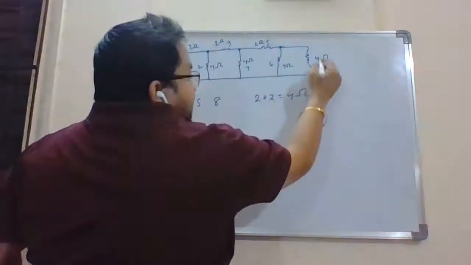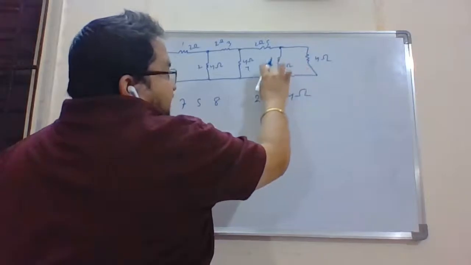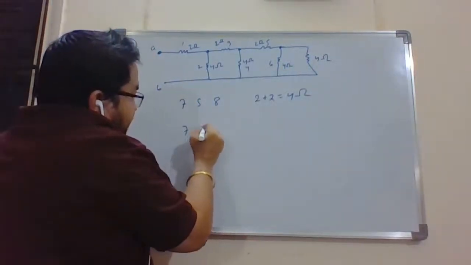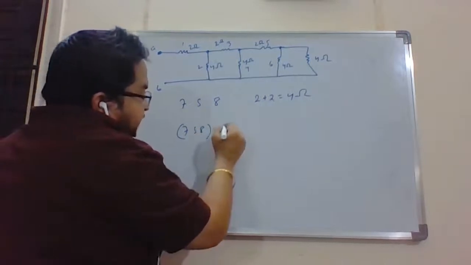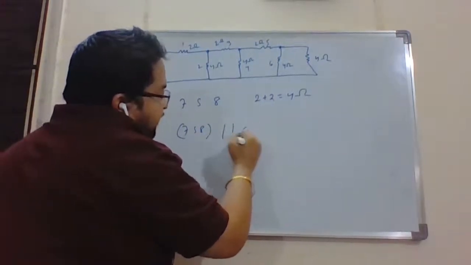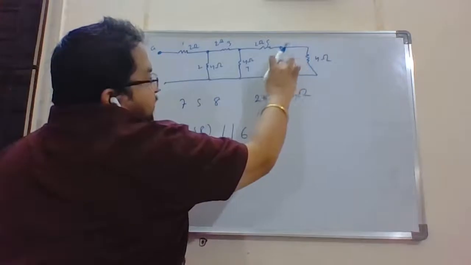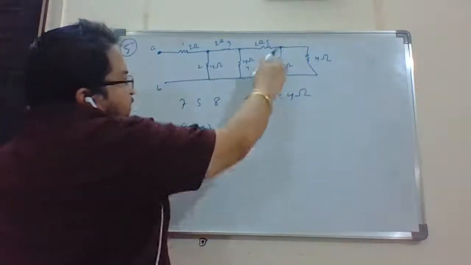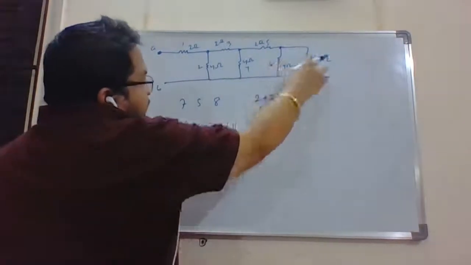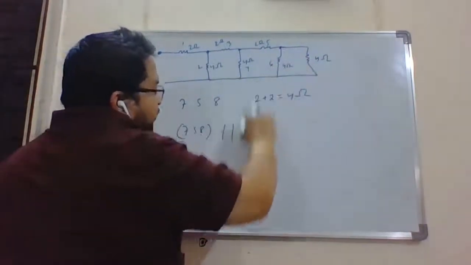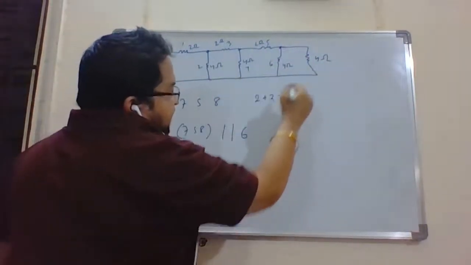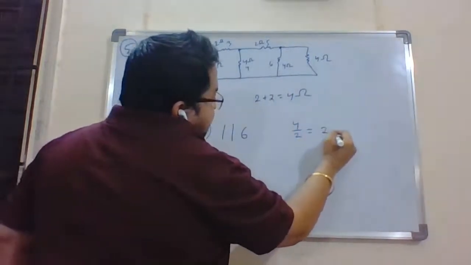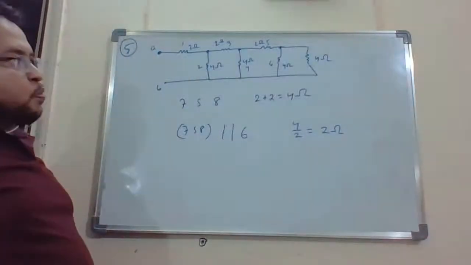So this entire part, 7 in series with 8, whatever is the equivalent resistance, is in parallel with 6. Why? Take only these two and you can complete a loop. If you can complete a loop, then both of them are parallel. If both of them are parallel, can I say that their equivalent resistance would be 4 by 2, that is nothing but 2 ohm.